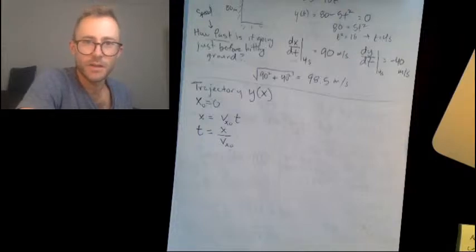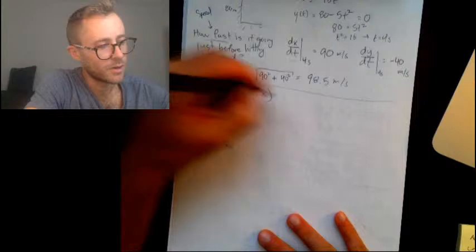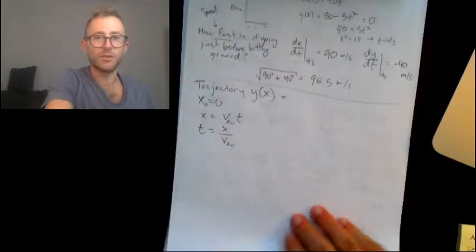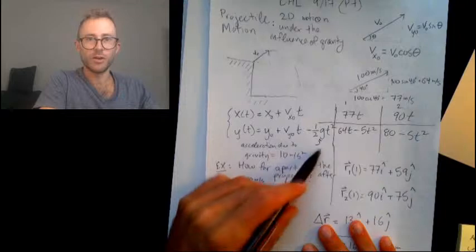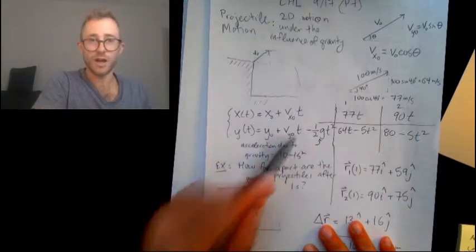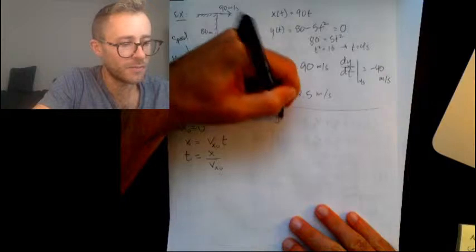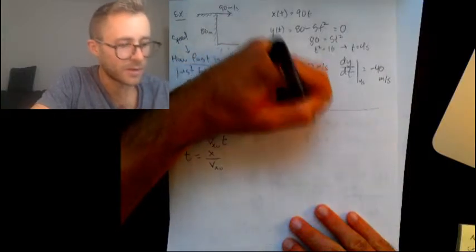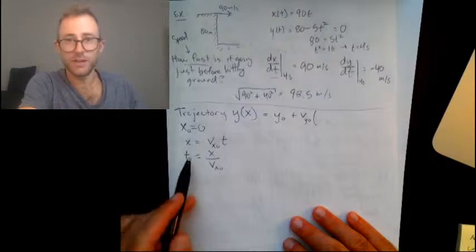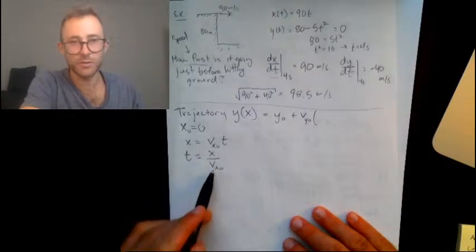Then we go to our y of t equation, and we plug in the expression for time that we just got. So I have y naught plus vy naught times, and instead of time, I'm going to put in x over vx naught.